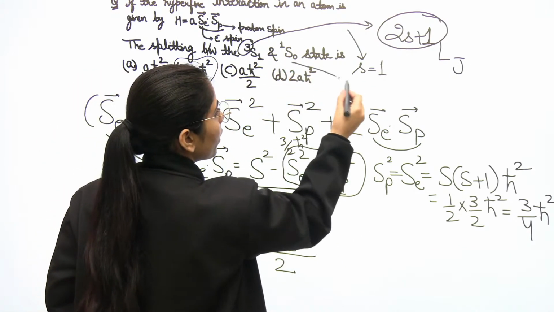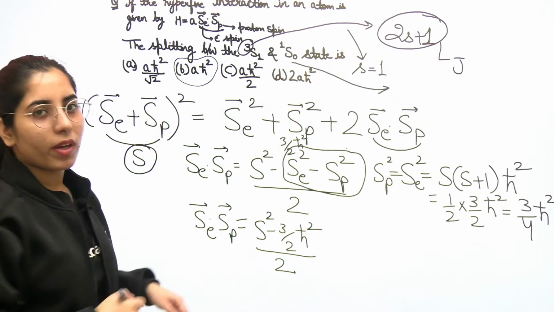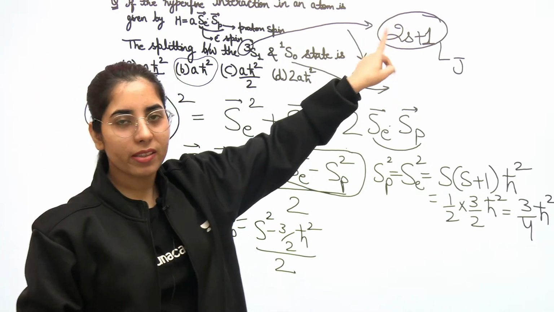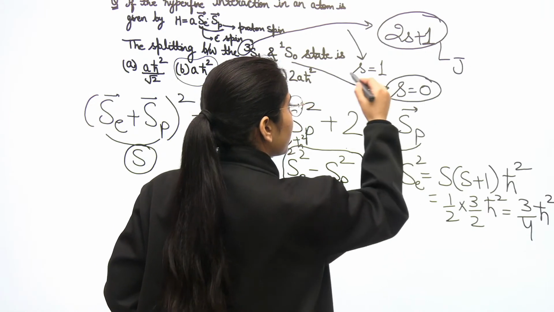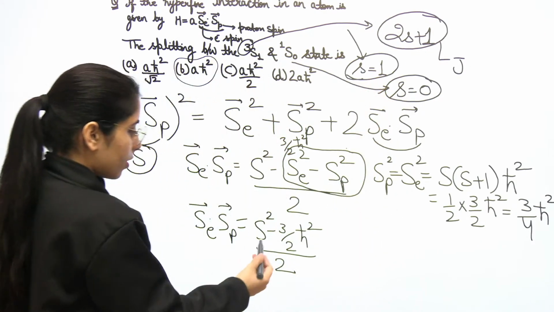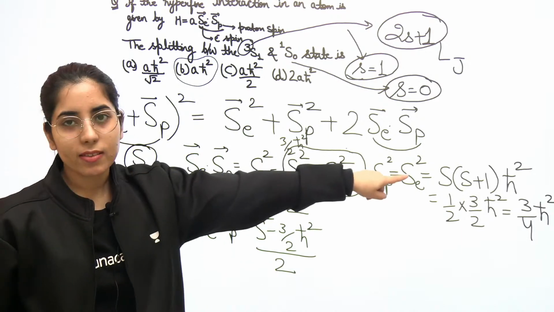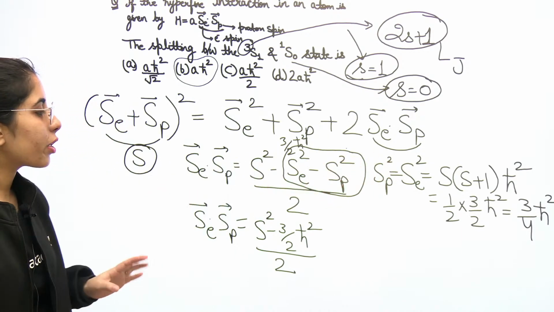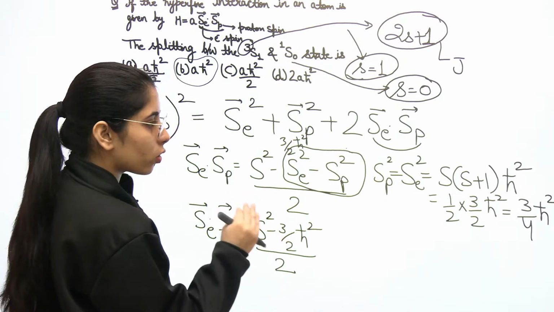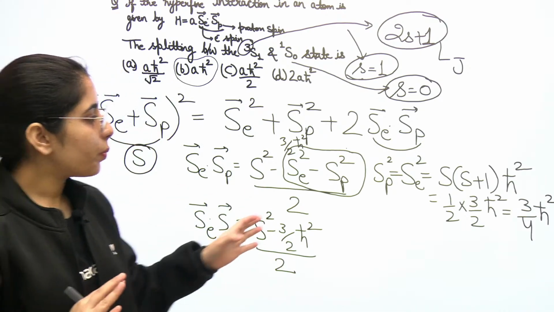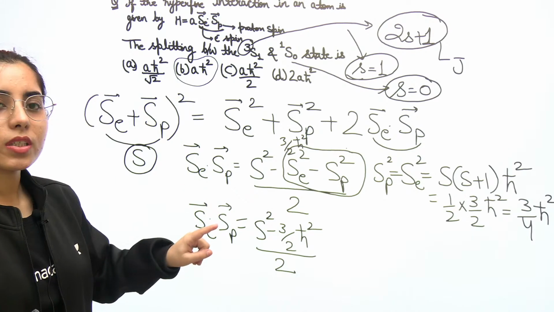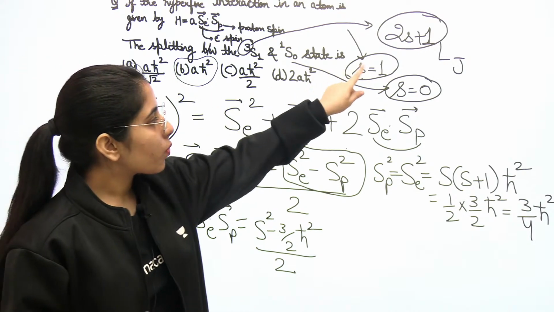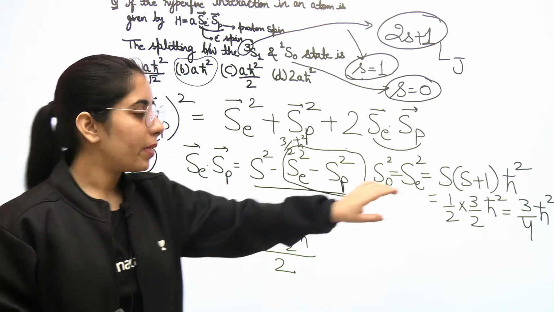For 1S0, the 1 is 2S plus 1, so S is equal to 0. Putting S equal to 1 in S into S plus 1 h cut square, you get 2 h cut square, and putting 0 gives 0 itself.